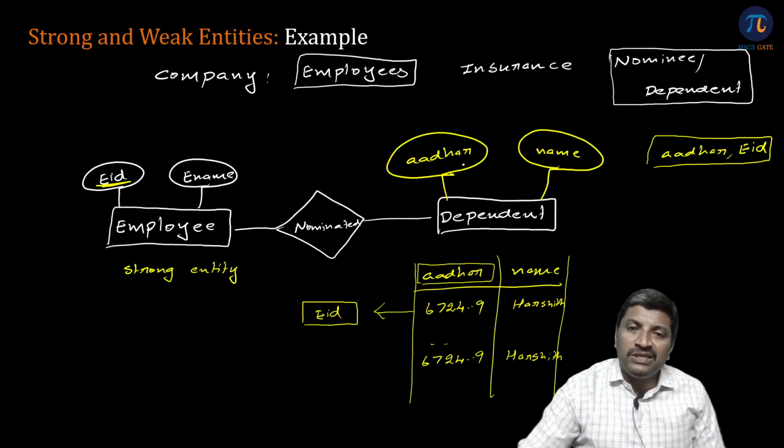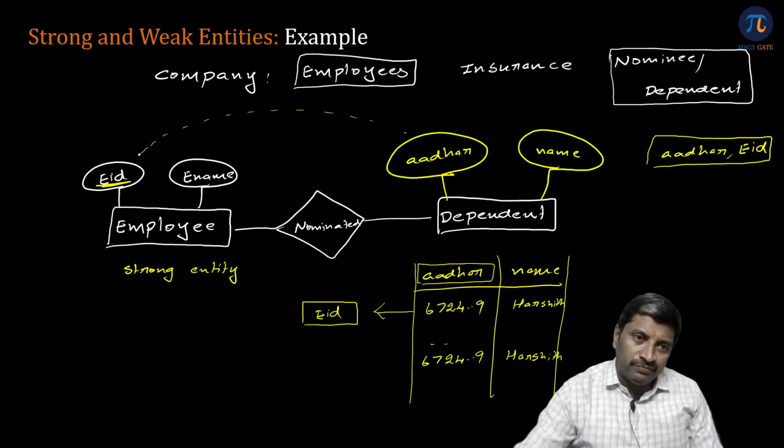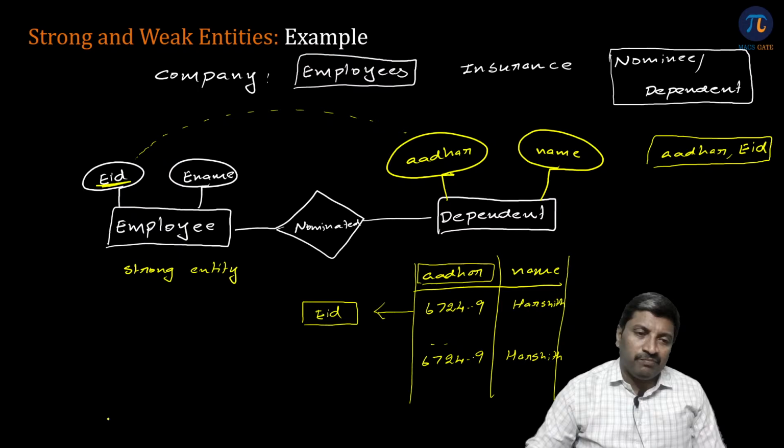So here it is not forming a key on its own, sir, but it is combined with employee ID so that I can form a key. So this is an example of a weak entity.